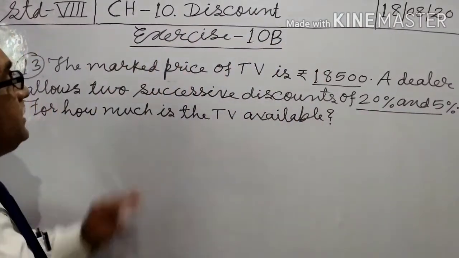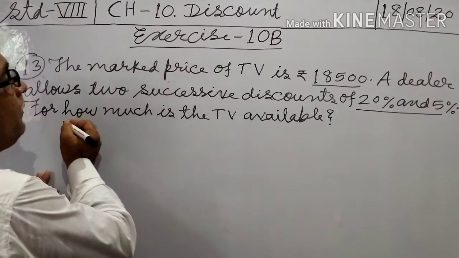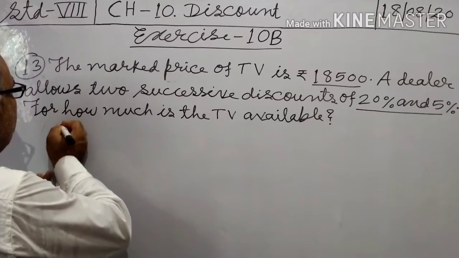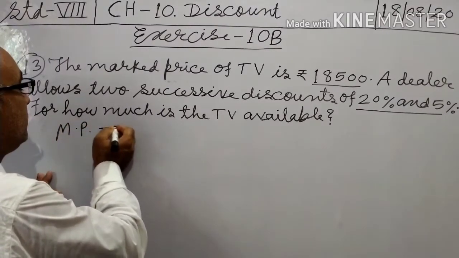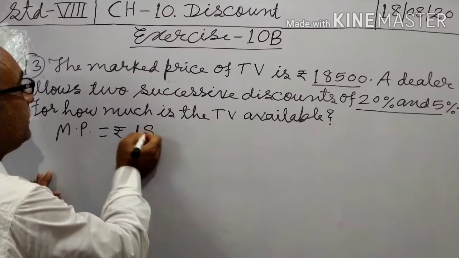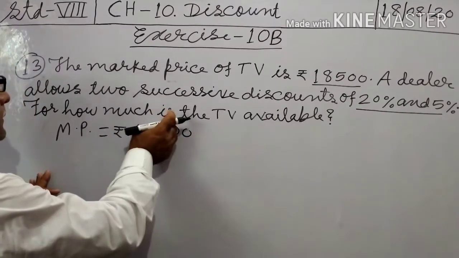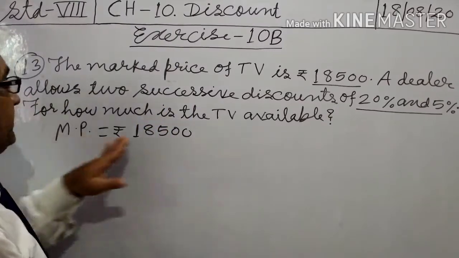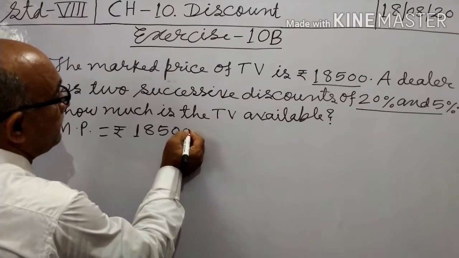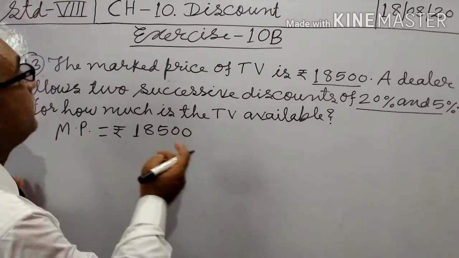So for how much is the TV available? So MP of the TV is rupees 18,500.